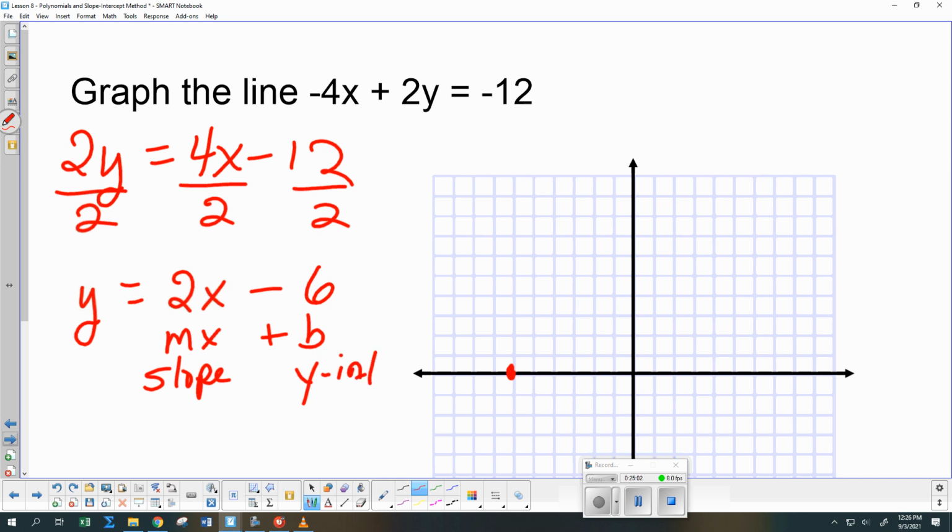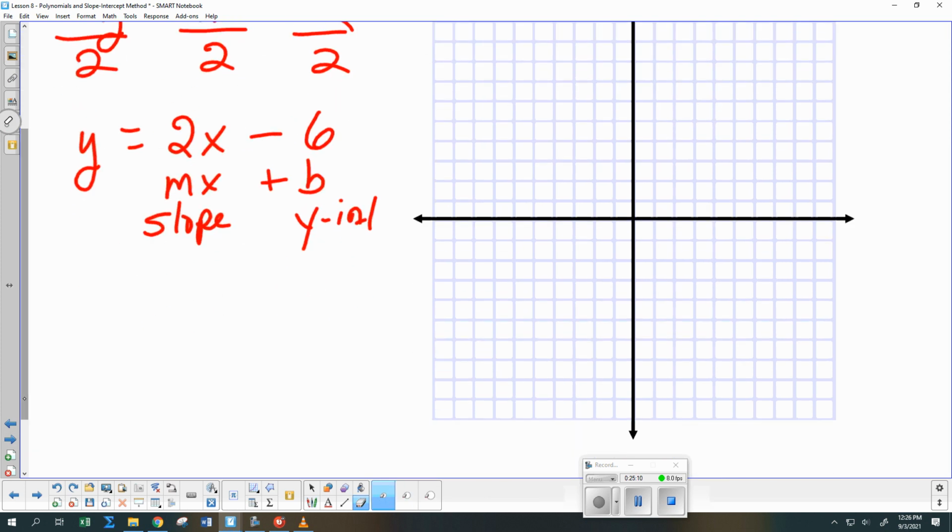So do you want me on the x-axis? No, the y. I need to be on the y-axis, so let's get rid of that one before it confuses me too much. So I need to go to negative 6 on the y-axis, or 0, negative 6.